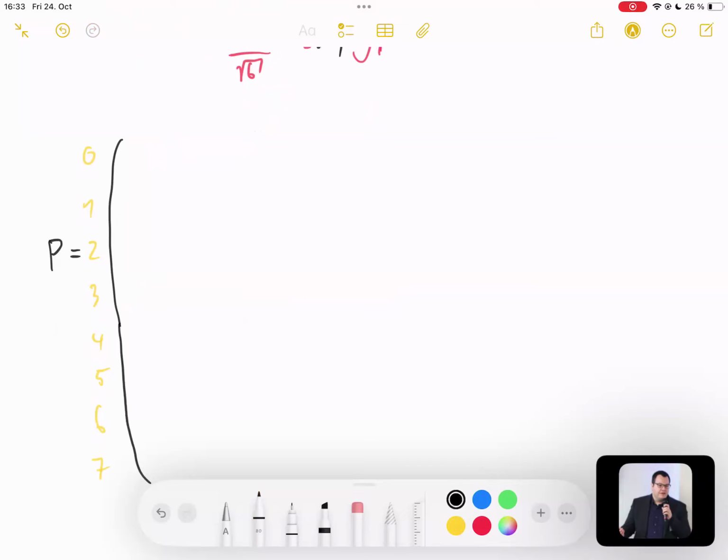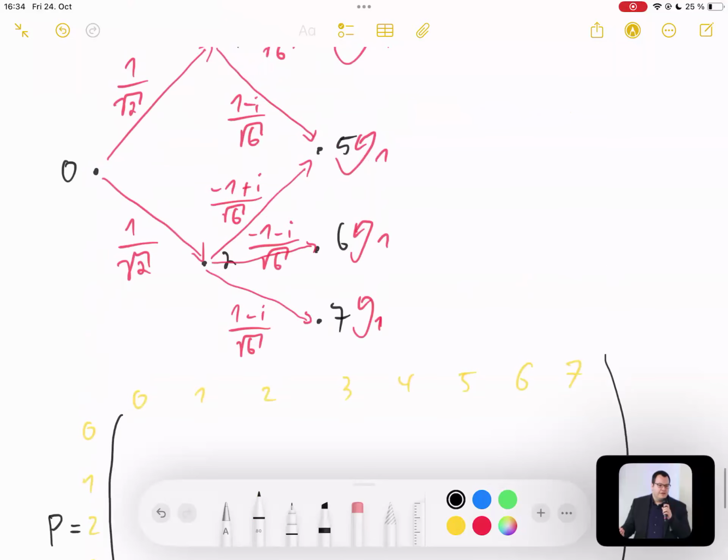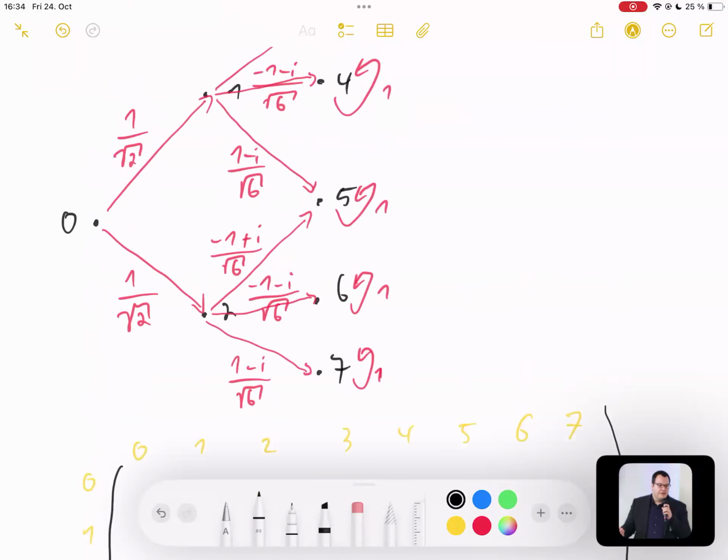And we also put the comments up here. 0, 1, 2, 3, 4, 5, 6, and 7. So, what we saw, it's actually quite related to the probabilistic one.